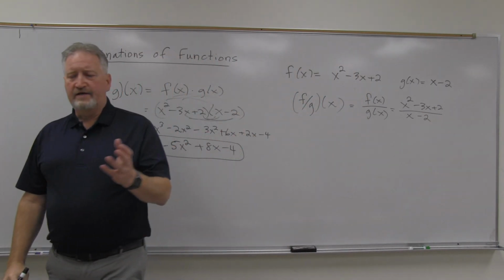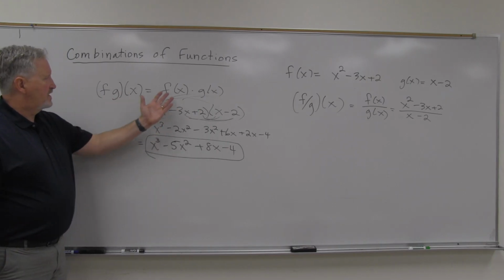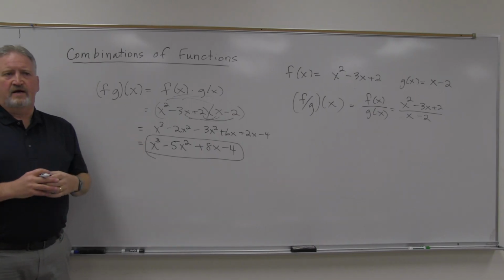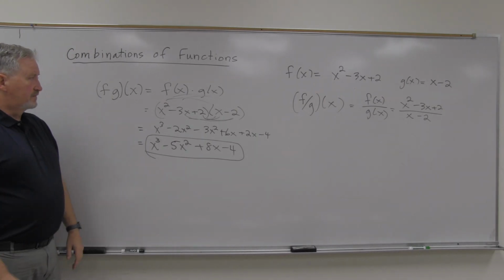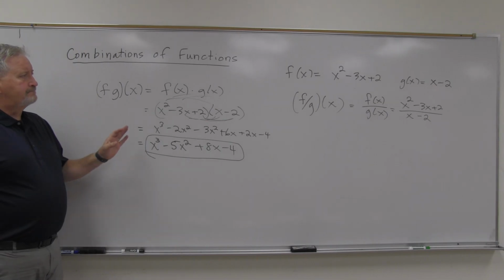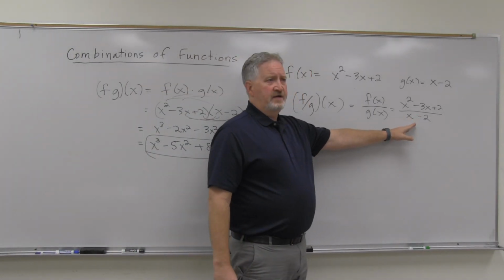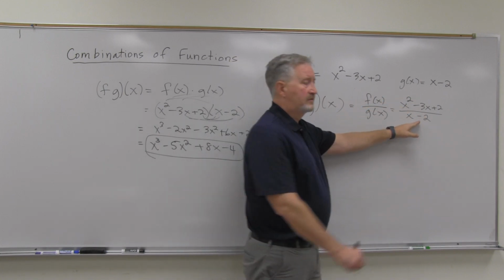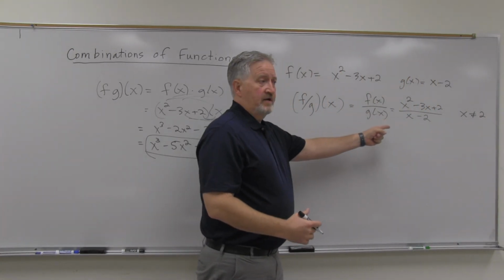And that's what I was saying: on these others, when we combine these, the domain on f and g is all real numbers, and when you get to the combination, it's still all real numbers. And if you're restricted on one of them, you'll be restricted on the combination too. But here, my point is, there is a restriction now in the domain that we didn't have for the regular ones, because what can't x be here? x can't be 2, all right? That would make the denominator 0.